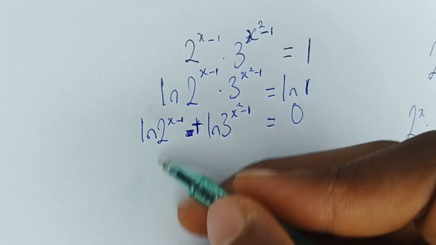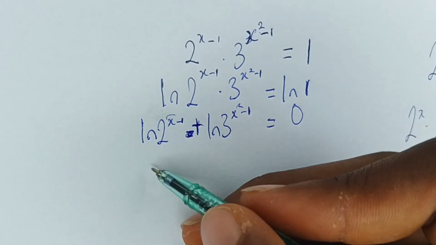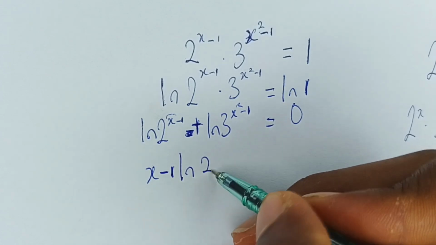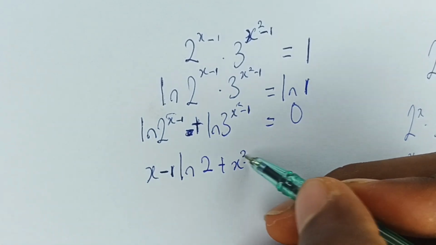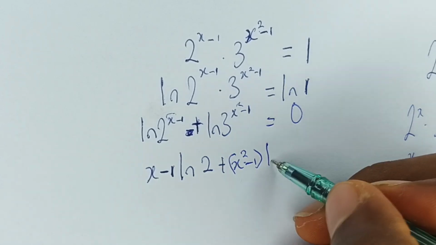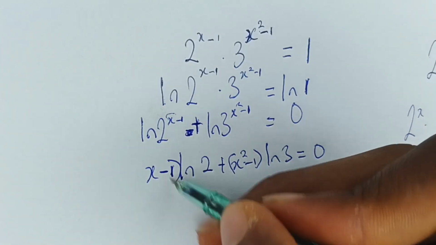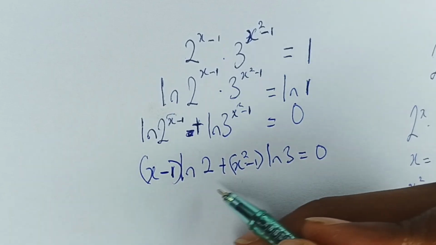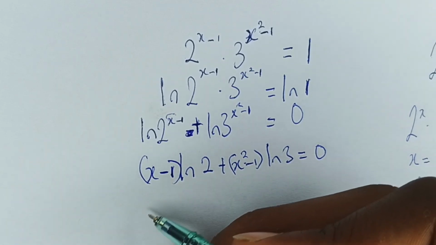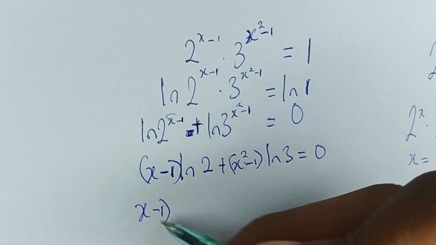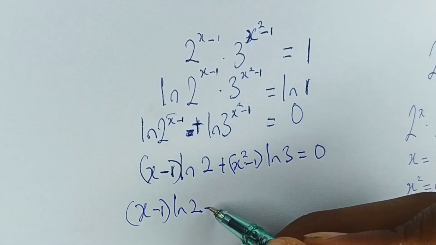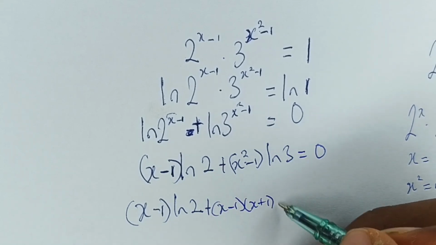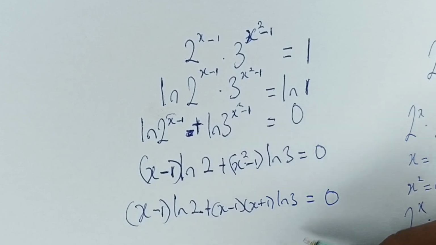Now from here we can use the exponent to multiply the log. So we have x minus 1 multiplying ln of 2 plus x squared minus 1 multiplying ln of 3 is equal to 0. Now at this point we can separate this using the difference of two squares, so that we have x minus 1 into ln of 2 plus x minus 1 times x plus 1 into ln of 3 is equal to 0.